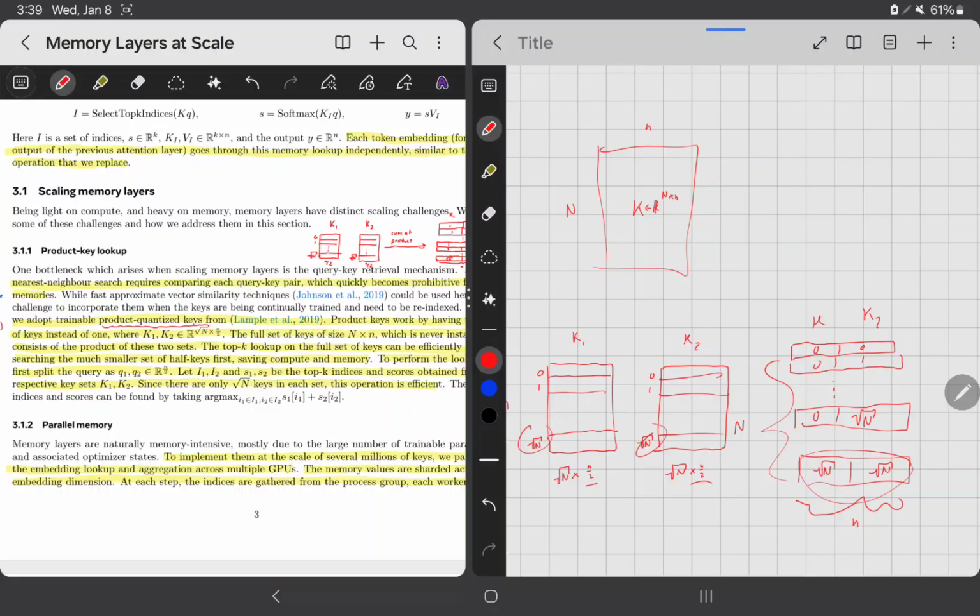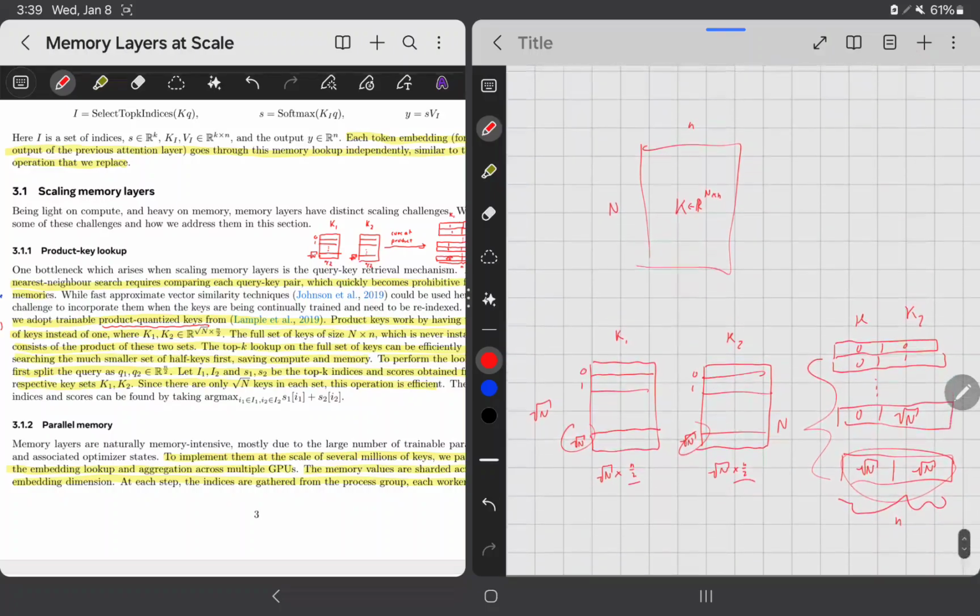So this is how you have a low rank representation of the full rank matrix that you actually want to utilize.